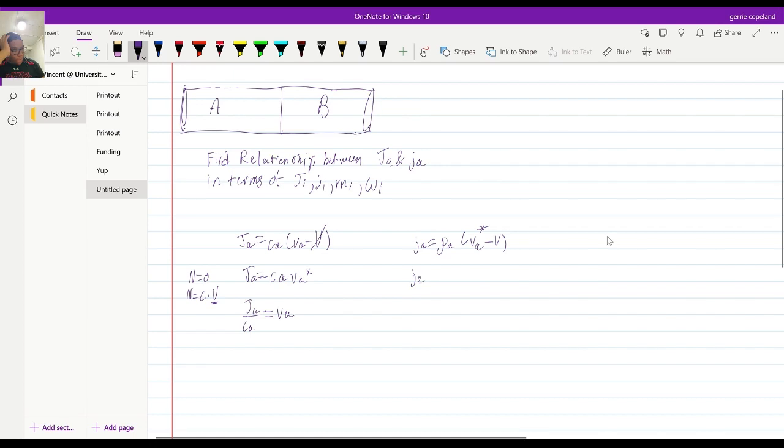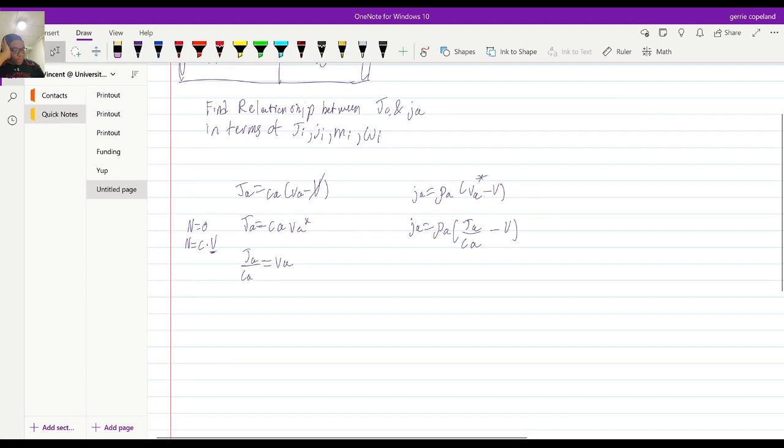Now we have our mass diffusive flux equal to the density of A times the molar diffusive flux over the concentration of A minus the velocity. We can further simplify this.